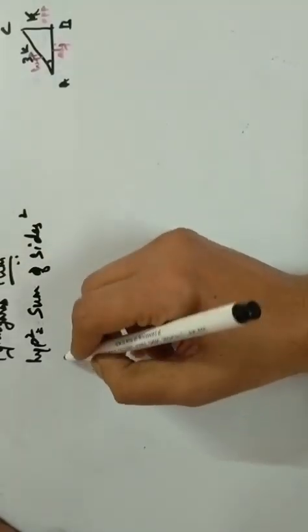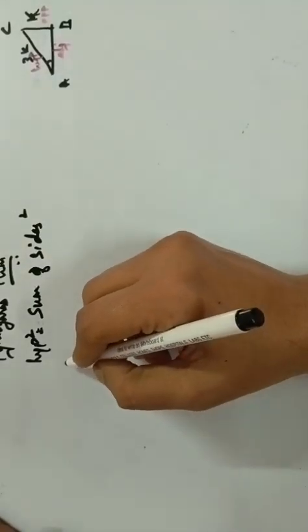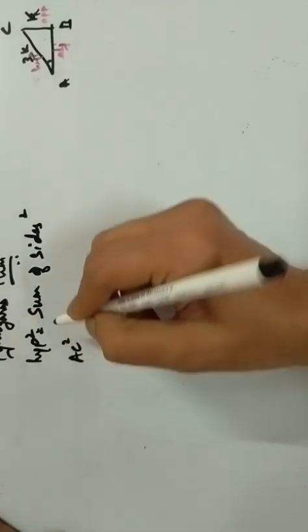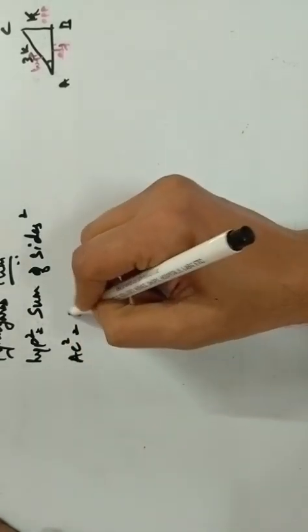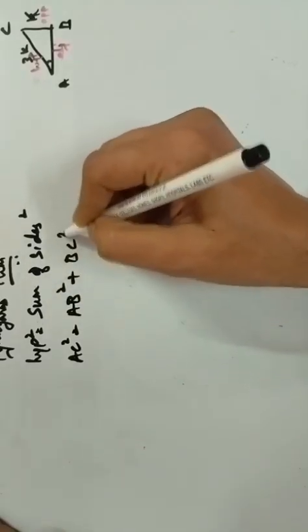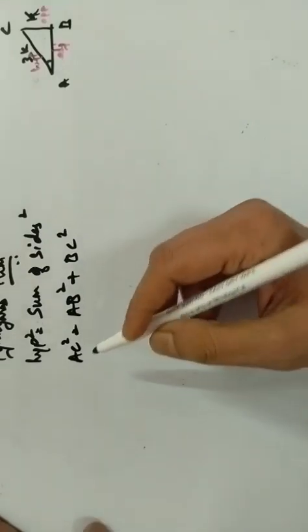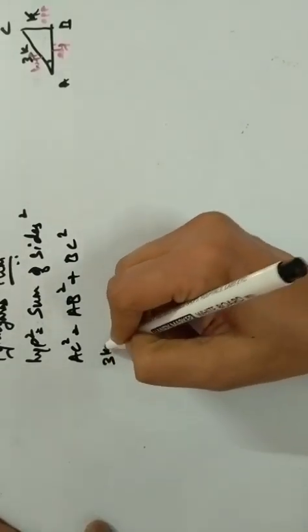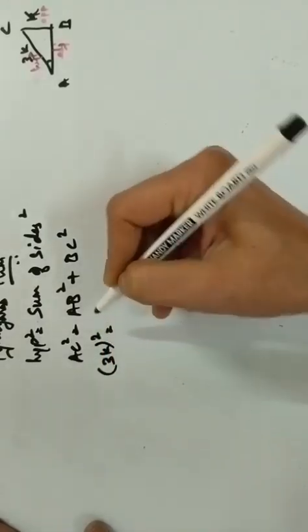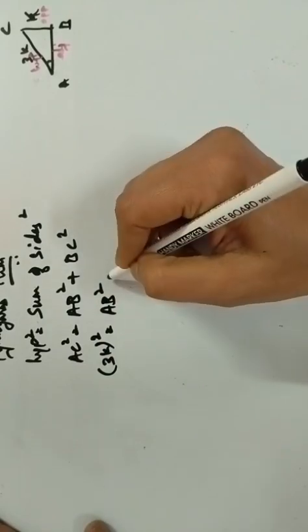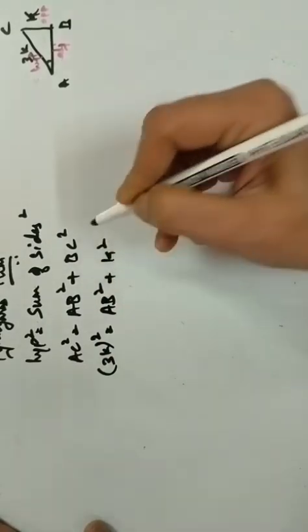So hypotenuse AC square is equal to AB square plus BC square. Okay, we will put the value of AC, that is 3k whole square, is equal to AB square, which we need to search for, plus this is k square.